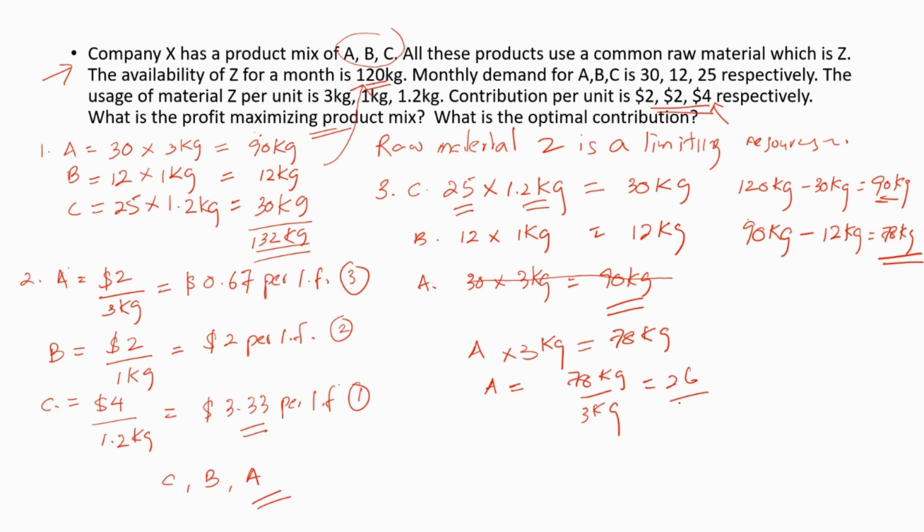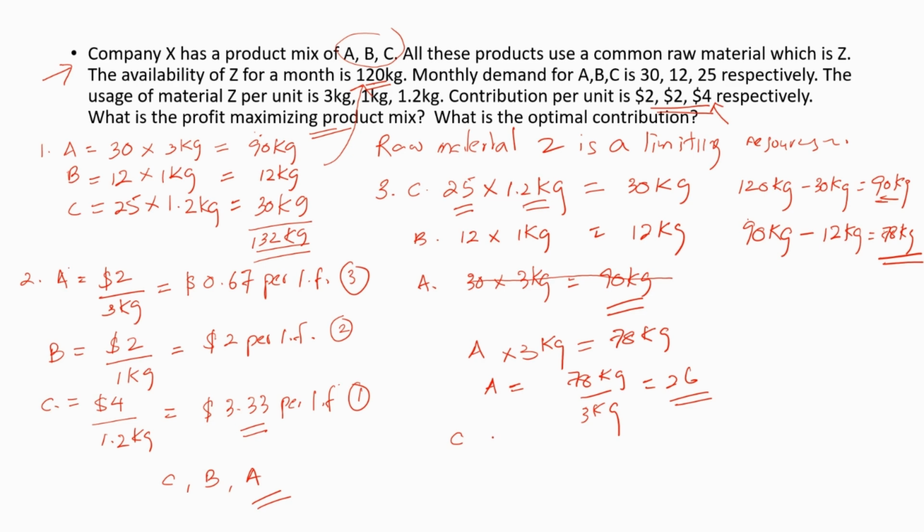This means we can only produce 26 units of product A. The demand for product A is 30, but we can only produce 26 units.